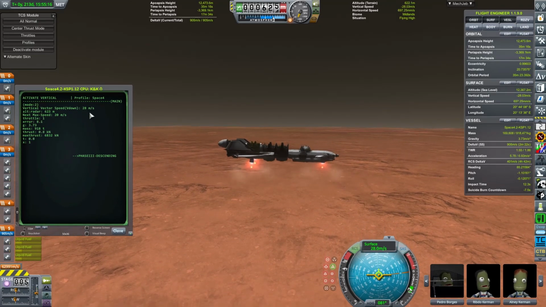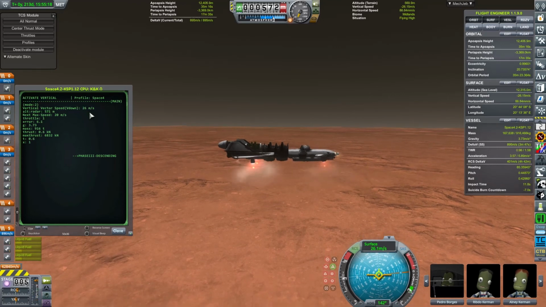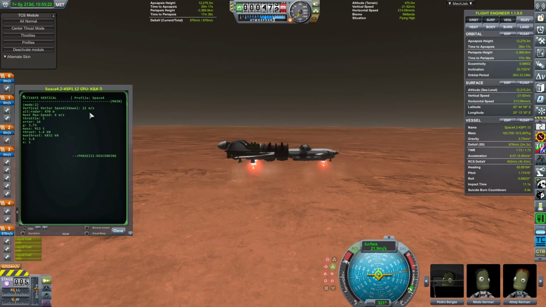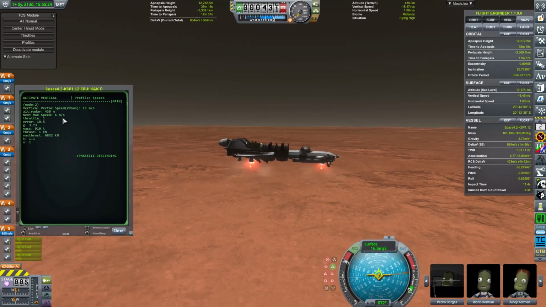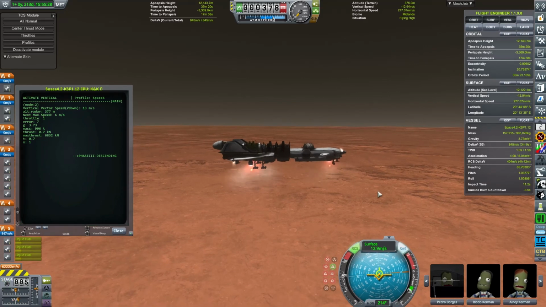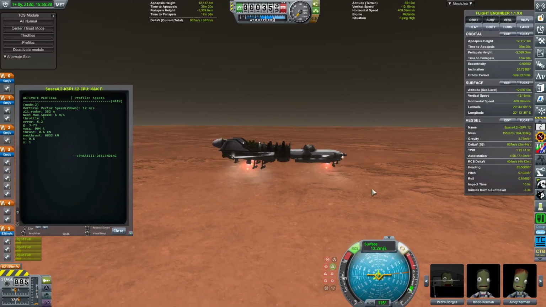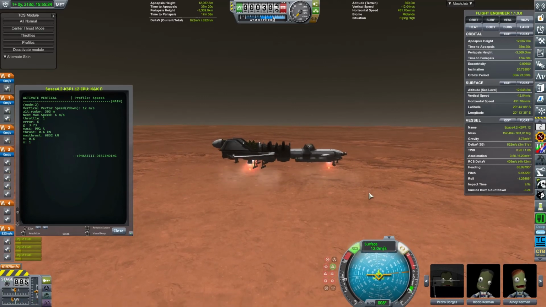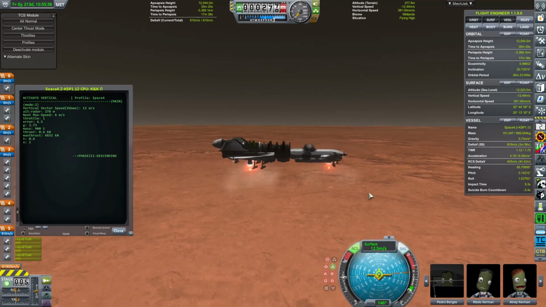We are trying to reach our desired speed. Okay, good. Now our maximum speed is 6. It's relatively hard to achieve.